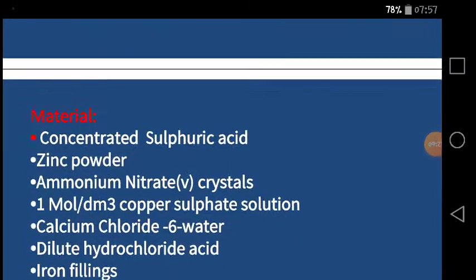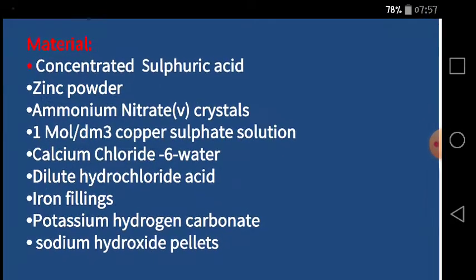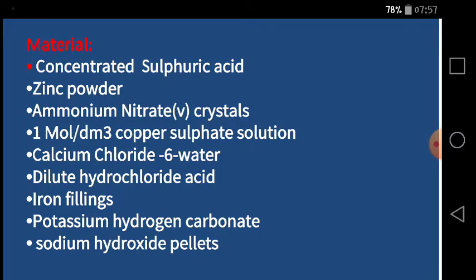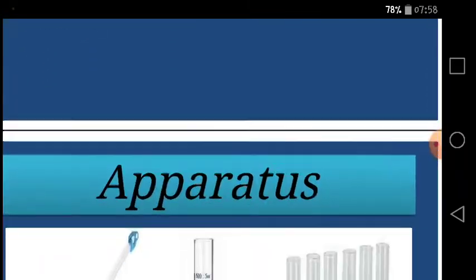The materials which are required are concentrated sulfuric acid, zinc powder, ammonium nitrate crystals, 1 mole per cubic decimeter copper sulfate solution, calcium chloride, dilute hydrochloric acid, iron filings, potassium hydrogen carbonate, and sodium hydroxide pellets.